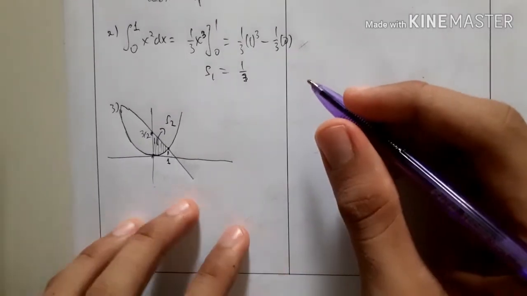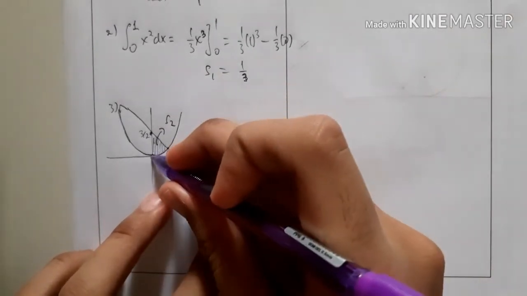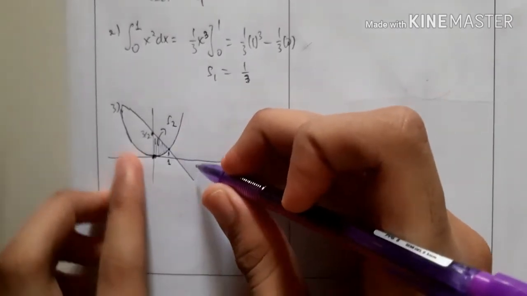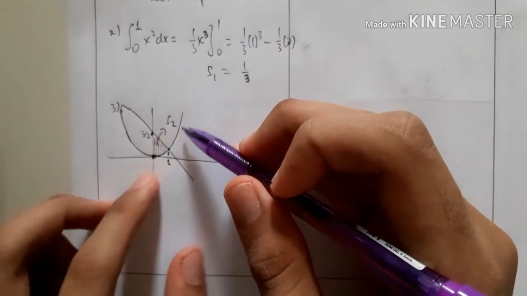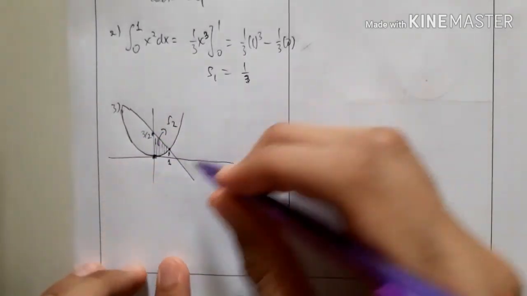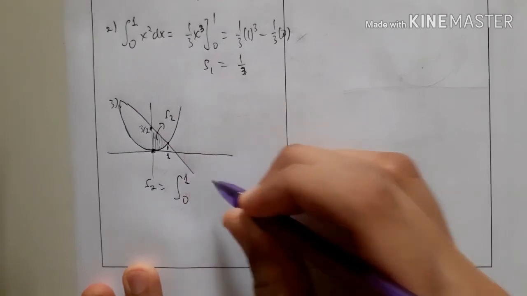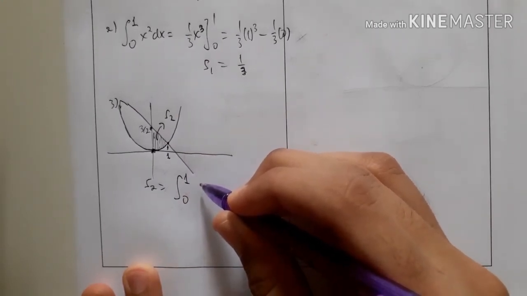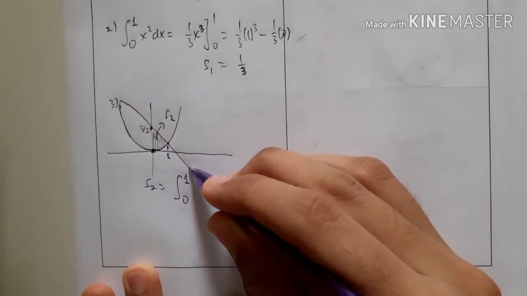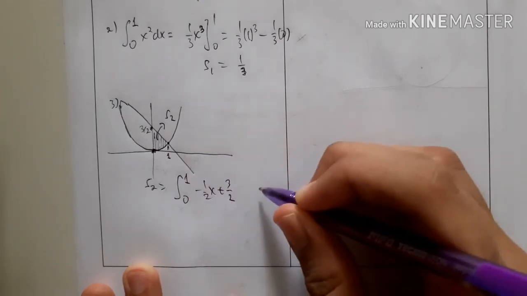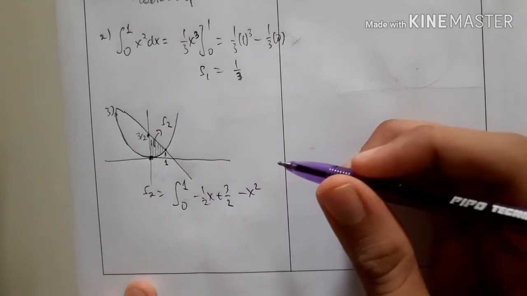We can calculate this because the line is above the parabola, so S2 is the integral from 0 to 1 of minus half x plus 3/2 minus x squared.